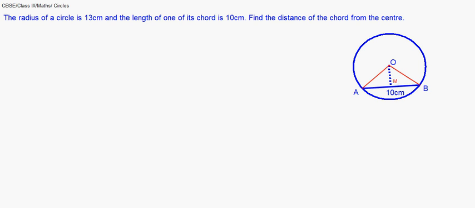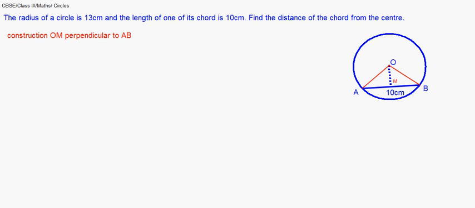To solve it, we know that the perpendicular from the center of the circle to a chord bisects the chord. So we'll be dropping this OM, which is perpendicular to AB. Here you can write as a construction, write OM perpendicular to AB.